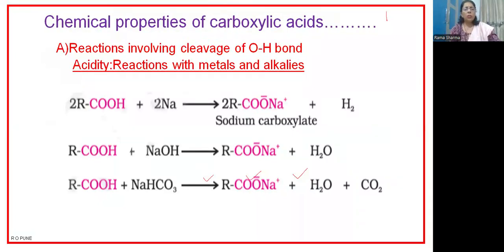As we know, acids give hydrogen when they react with metals and alkalis. So organic acid reacts with sodium metal to give hydrogen. Similarly, they react with NaOH and sodium carbonate to give water and CO2 respectively.